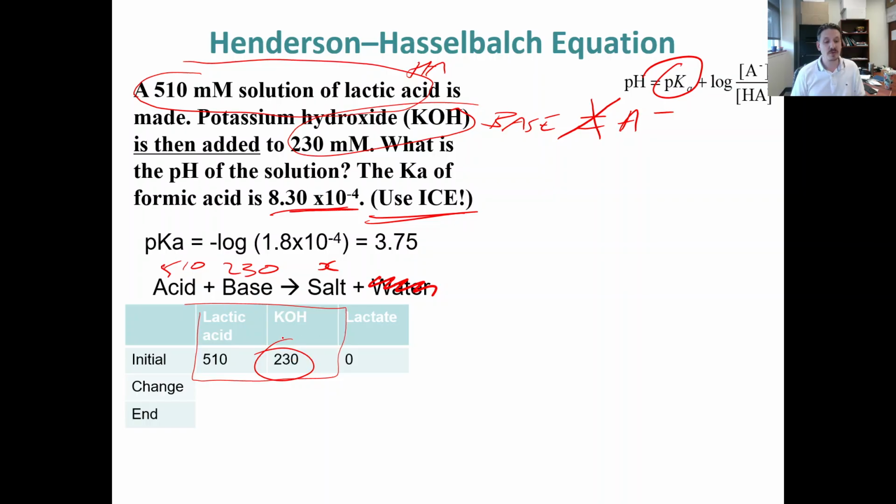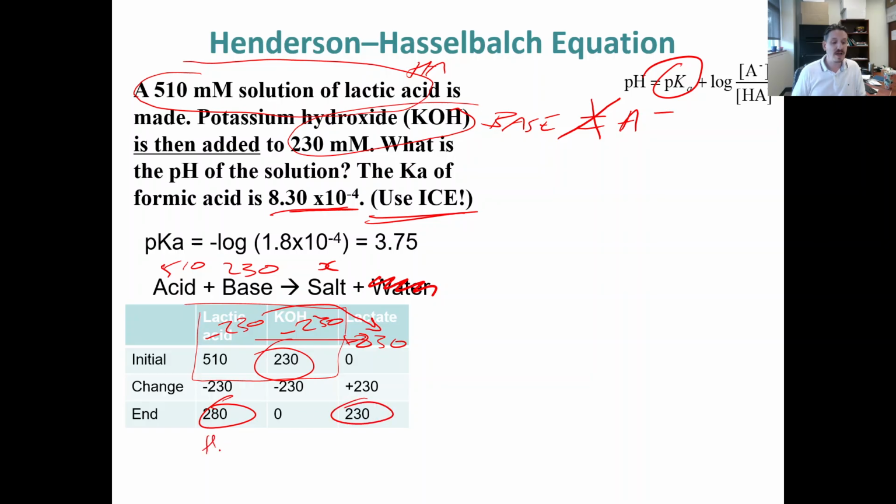So that means the lowest one's going to run out, so you're going to lose 230. Because that 230 is reacting with this, you're going to lose 230, but because this is reacting, it's going to produce 230 of this. So the next level of the table looks like this, and that's going to give a grand total of this.